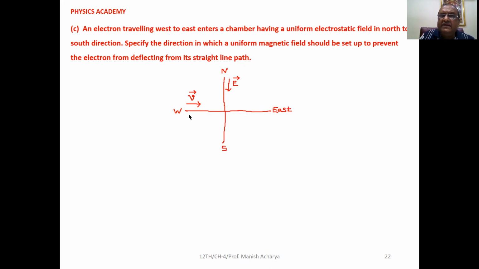Now see, the particle, that is the electron, is a negatively charged particle. And we know that when a negatively charged particle is under the effect of an electric field, the force acts on it in the opposite direction of the electric field. So here, due to the electric field, the force on the electron will be towards the north.